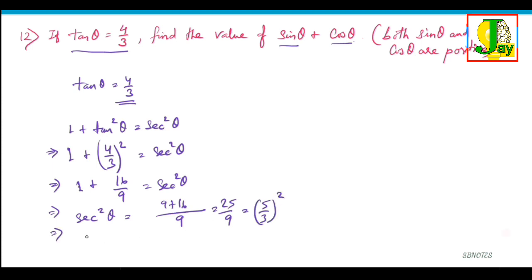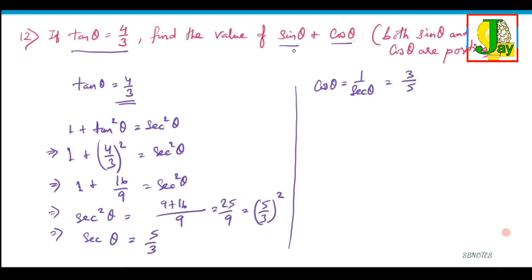So sec theta is 5 by 3. Now I need to find sin theta and cos theta. Sec theta is 1 by cos theta, so cos theta equals 1 by sec theta, that's 3 by 5.